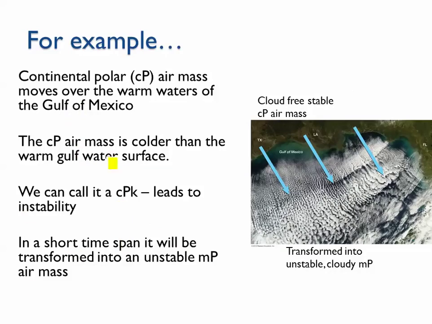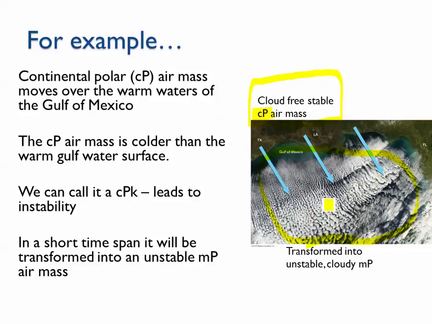So let's look at an example. Here is a CP, so what's that? Continental polar. Continental means dry. P means polar or cold. It's an air mass moving over the warm waters of the Gulf of Mexico. So that's going to be a K designation because we have colder air than the surface over which it moves.